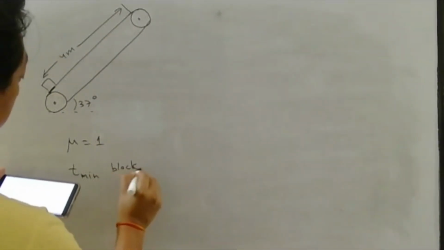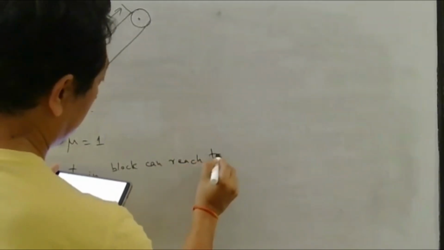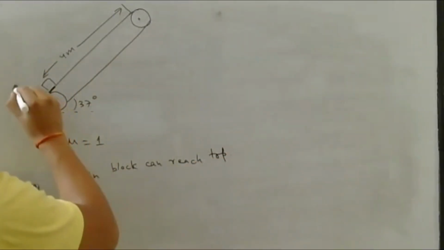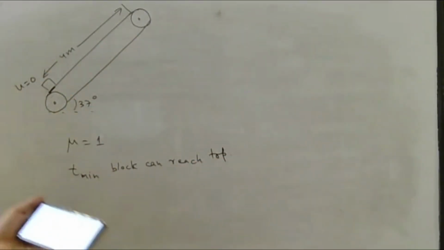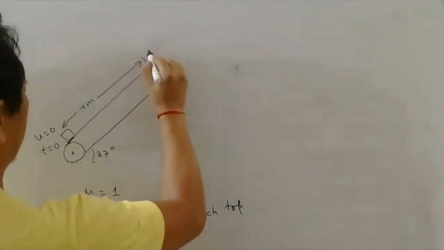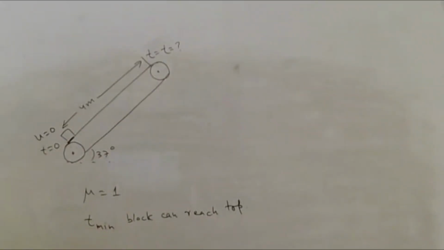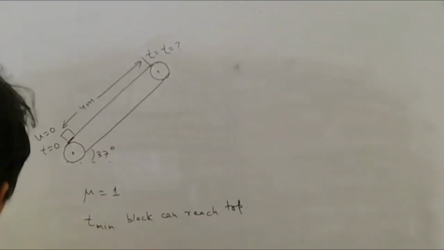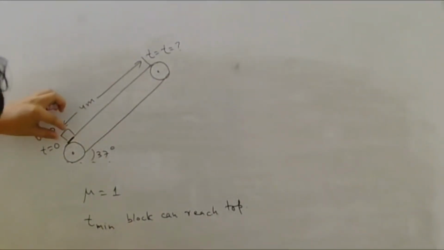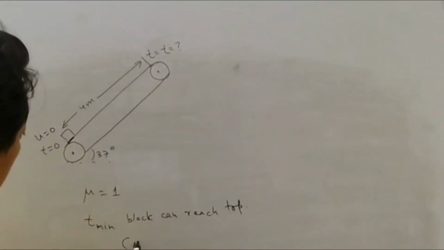Block can reach top. Here initial velocity is 0, starting velocity. Okay, so here time taken is t, minimum time of this we want. Okay, so here the moment the block is kept, we have to assume they should have told no slipping, anywhere.